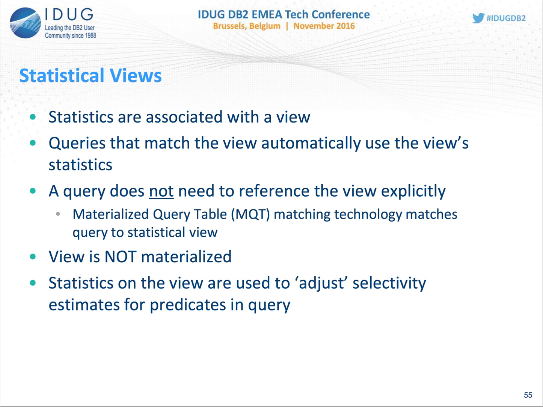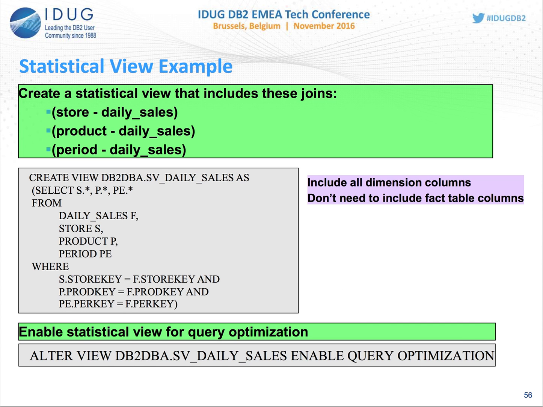And so how would you do that? What this example is showing here is a typical use case for stat views, one of the original situations that motivated their introduction: a star schema. The stat view is creating a view over the fact table and 3 other dimension tables in the star.